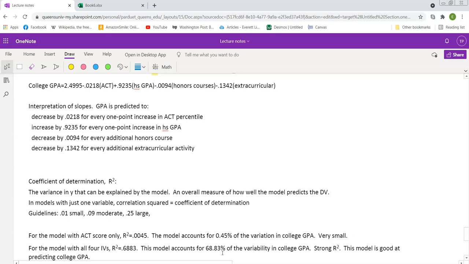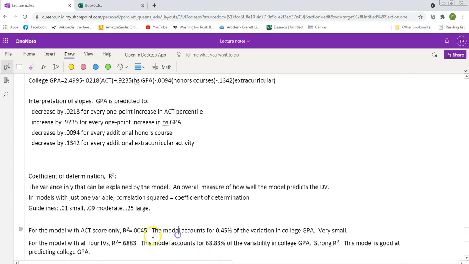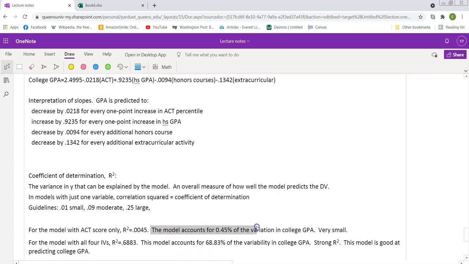If I ask you for a sentence of interpretation on the coefficient of determination, this right here is it. The model accounts for whatever the percentage is of the variation in the dependent variable. Okay?